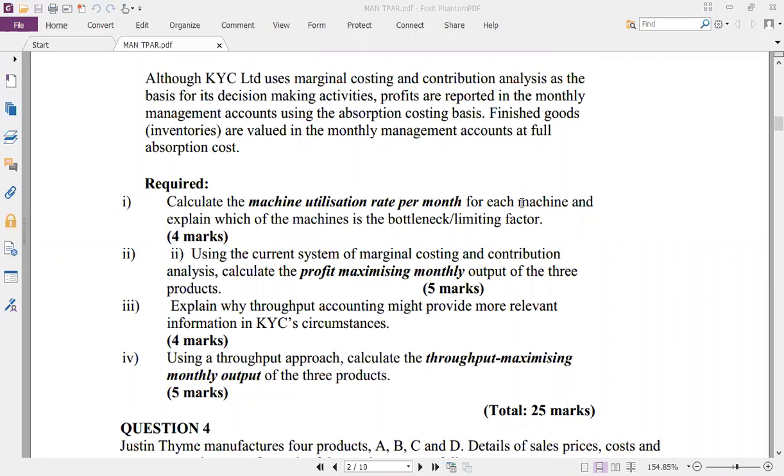The second part states that using the current system, the marginal cost system and contribution analysis, calculate the profit maximizing monthly output of the three products. Third, explain why throughput accounting might provide more relevant information. And the last one is, using the throughput approach, calculate the throughput maximizing monthly output. That's the question before us.